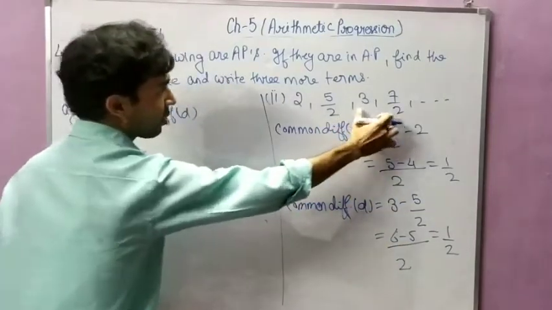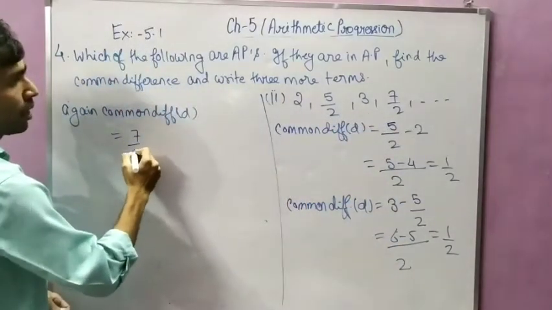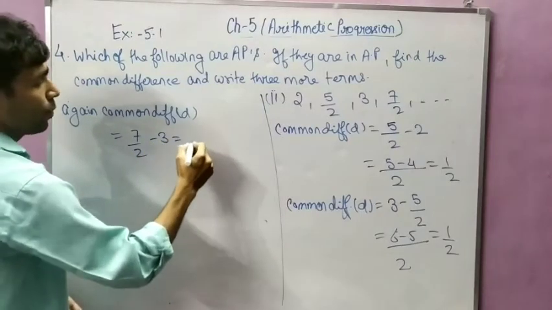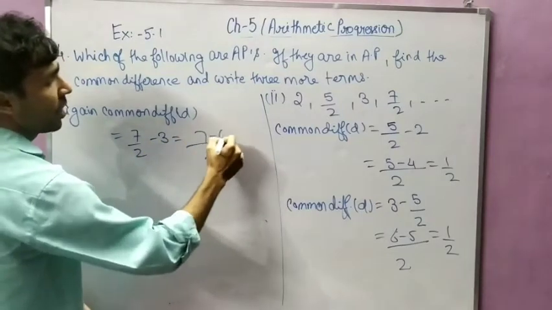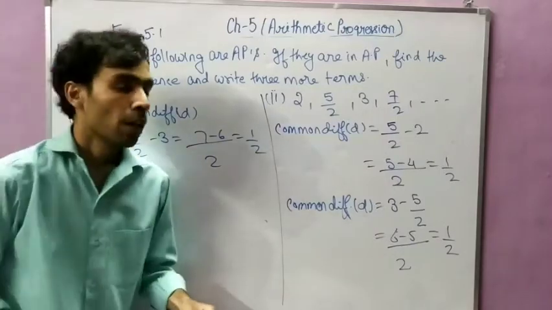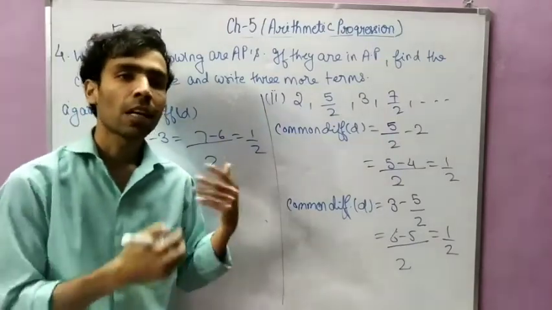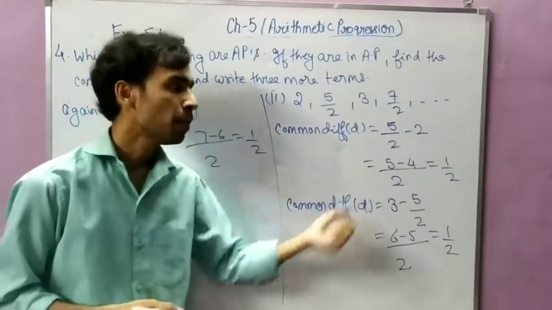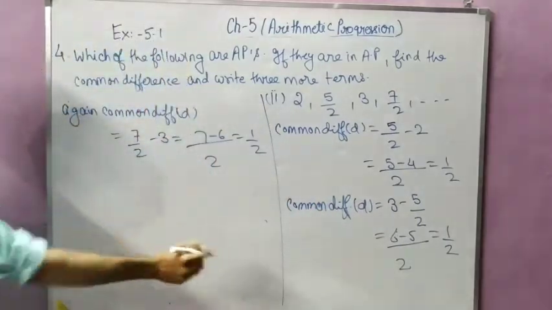Now I will take these two. So again 7 by 2 minus 3. The LCM will be 2, so 7 minus 6, again 1 by 2. So you are seeing now, for any two terms taken, our common difference is coming the same, that is 1 by 2. So what will you write?